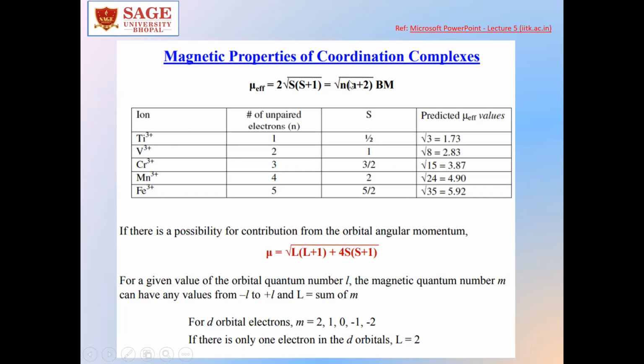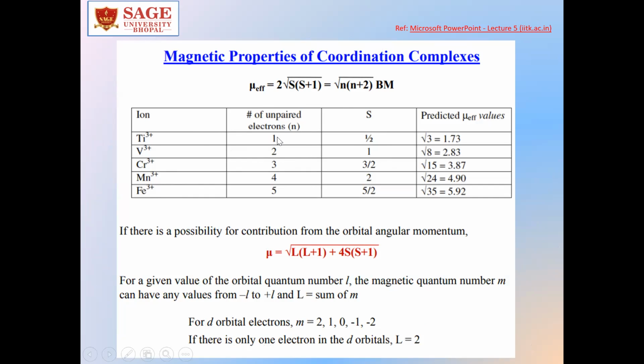Remembering this formula, let us consider titanium 3 plus, vanadium 3 plus, chromium 3 plus, manganese 3 plus, and iron 3 plus, and see the number of unpaired electrons. For titanium 3 plus, it is 1, so the total spin, capital S, is half. n is the number of unpaired electrons and S is the total spin.